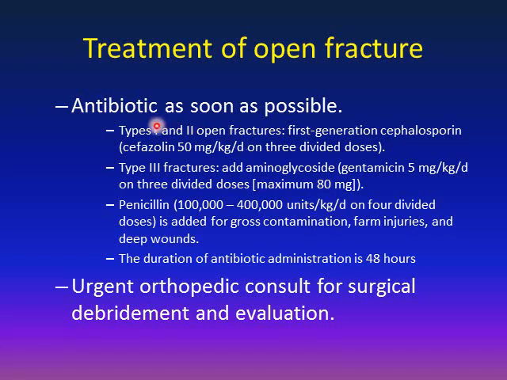So again, 1 and 2, first generation cephalosporin, you can give clindamycin in case of allergy. Type 3, you add aminoglycosides to the cephalosporins, and if you are worried about anaerobes like farm injuries, gross contaminations, and deep wounds, you add penicillin.